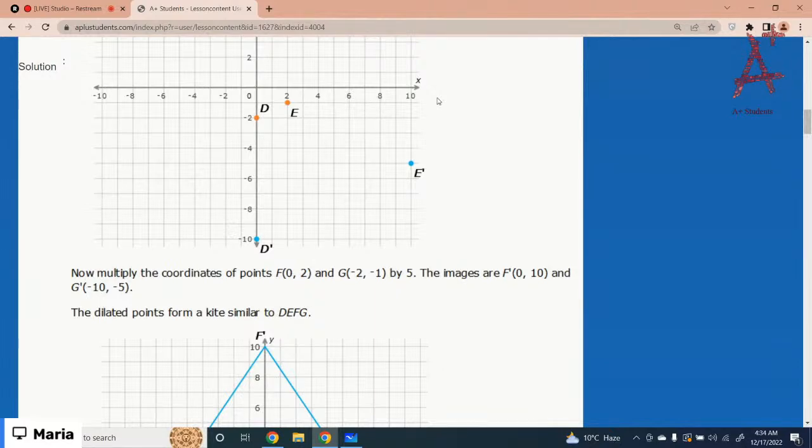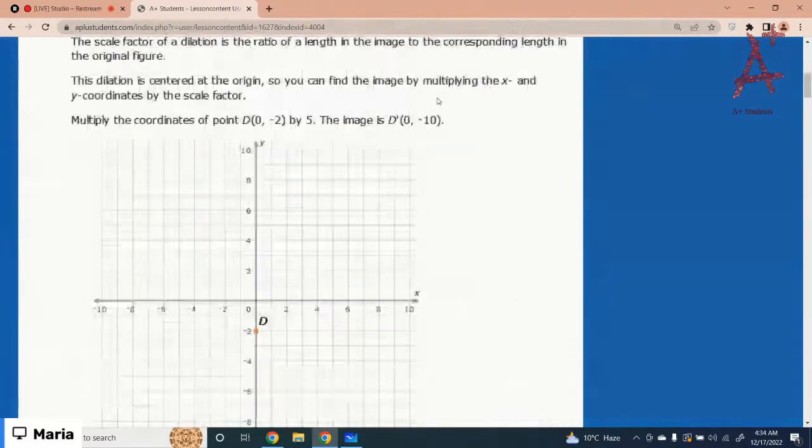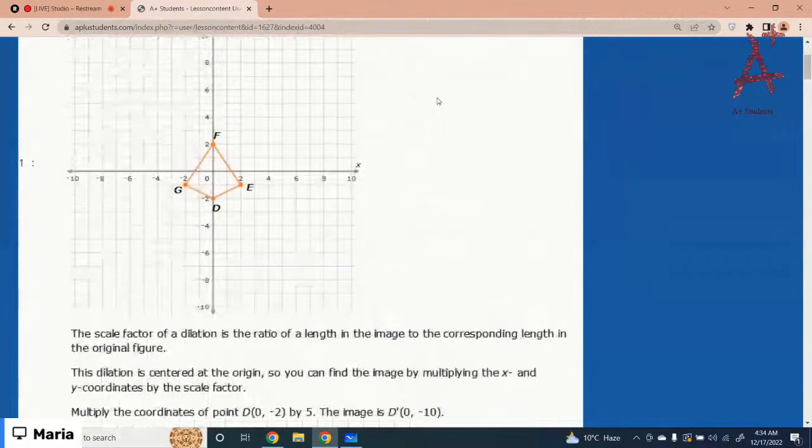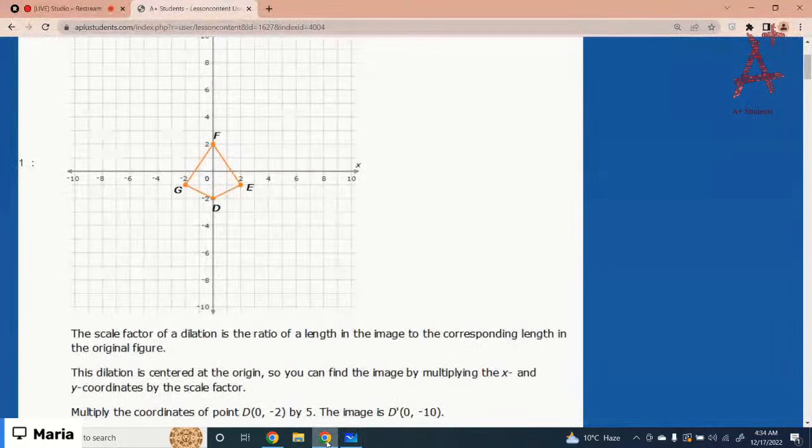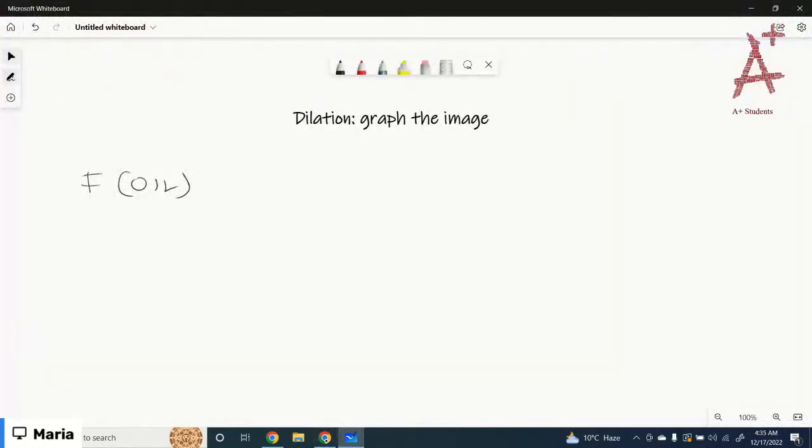Wait, let me just write down the original points, coordinates. Got it? F is 0, 2. The coordinates of F are 0 and 2. The coordinates of G are -2 and -1.